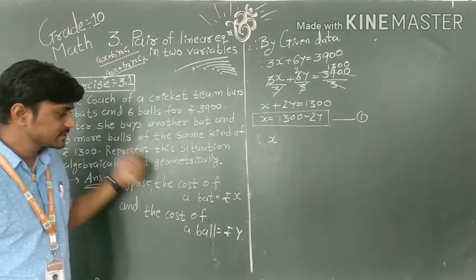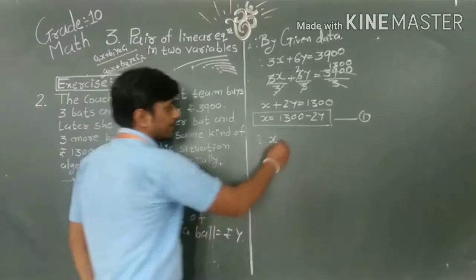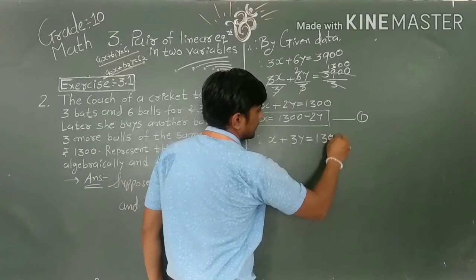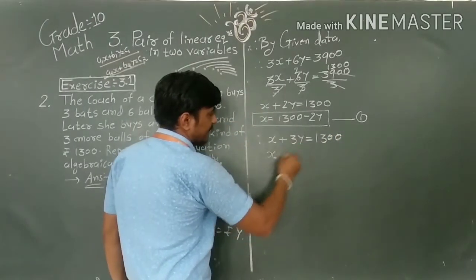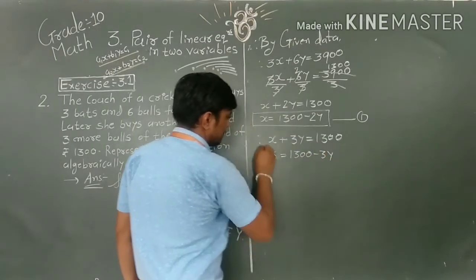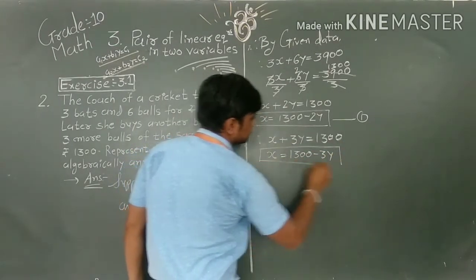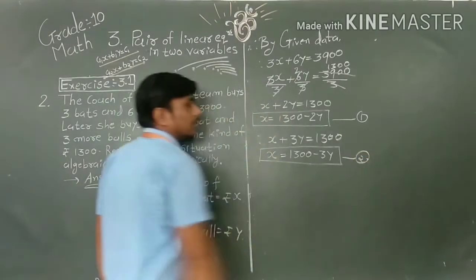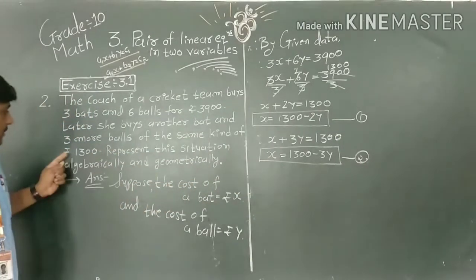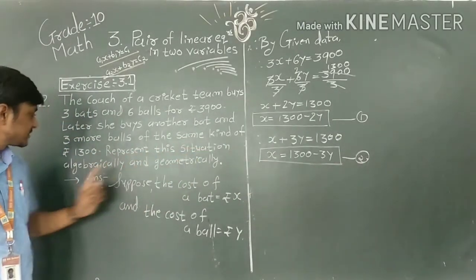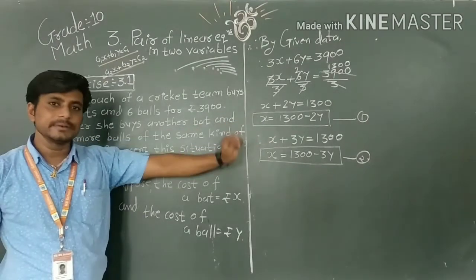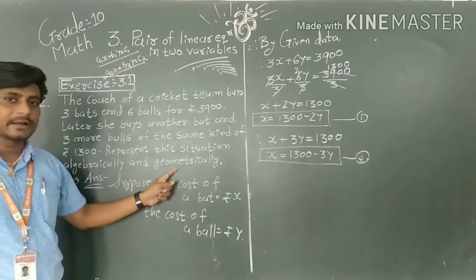That means x plus 3y is equal to 1,300, or you can write x is equal to 1,300 minus 3y. This is our second equation. Okay, half of this example is completed. Here is the representation of this situation algebraically. Now what about geometrically?